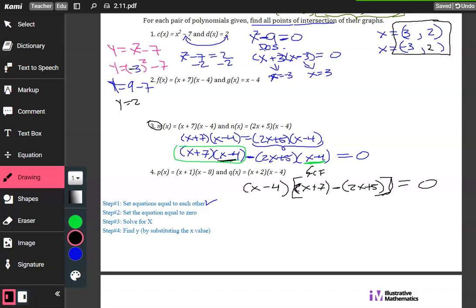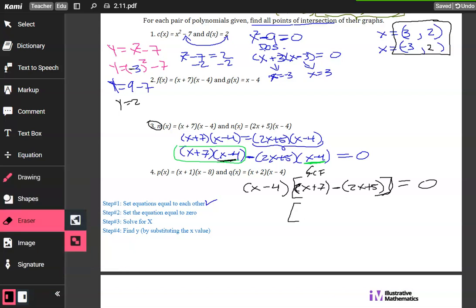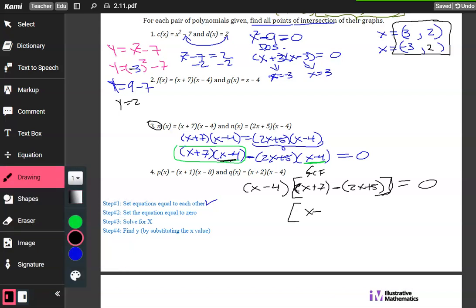Now in here, I could just combine like terms. I could drop the parentheses. So this becomes x plus 7, and then this subtraction, I'm going to distribute it inside, so it becomes negative 2x minus 5.